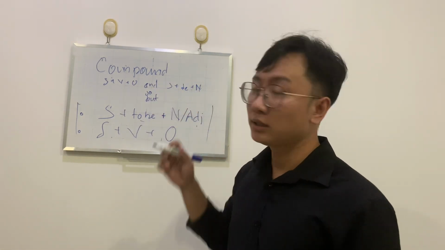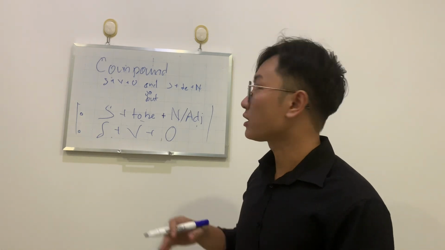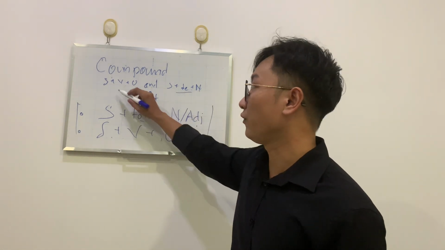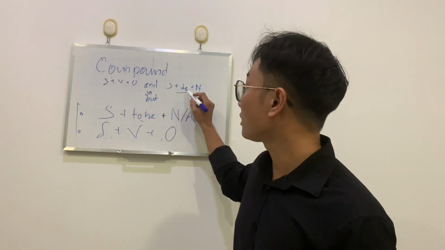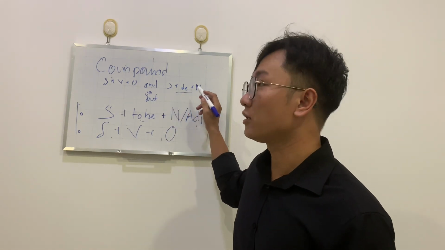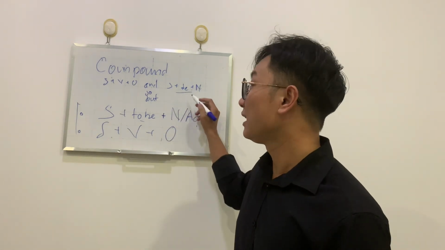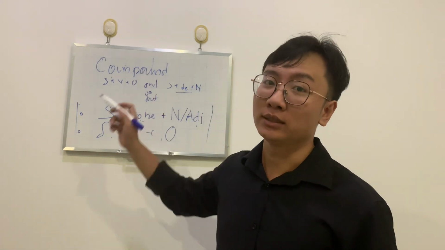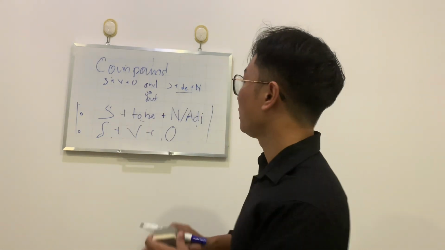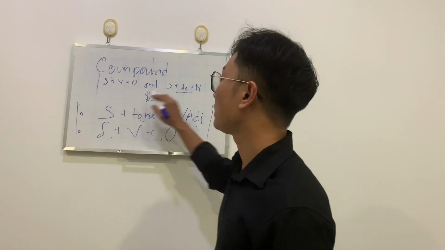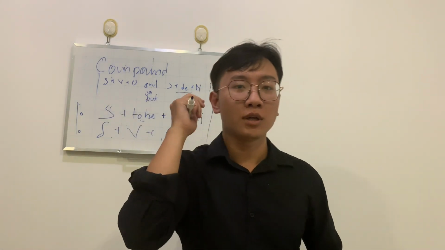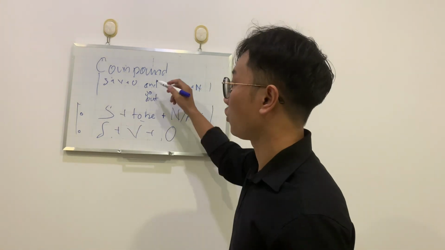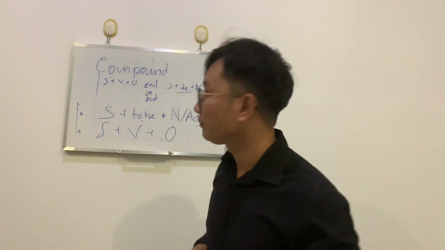"So" signals that this part is the result of this part, and "but" signals that simple sentence number two is the contrast of sentence number one. All right. So this is the compound sentence. Make two simples and connect them with the conjunctions. Got it?